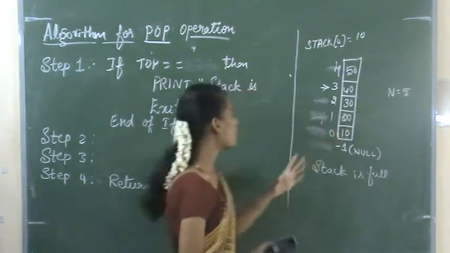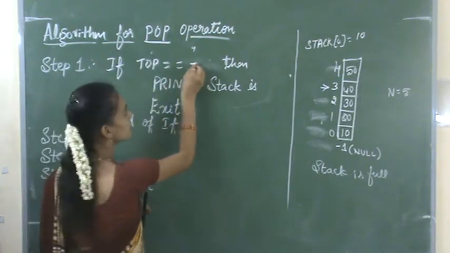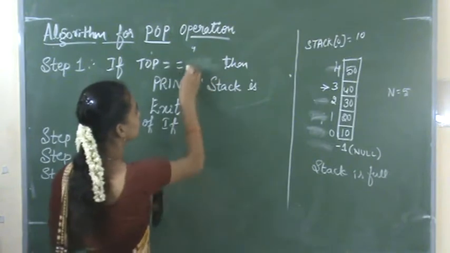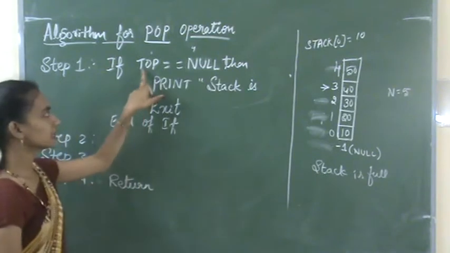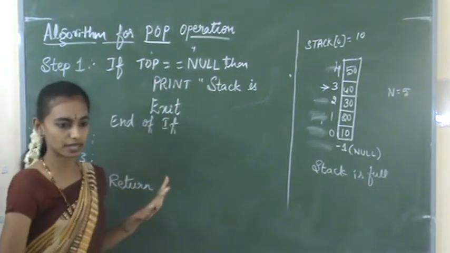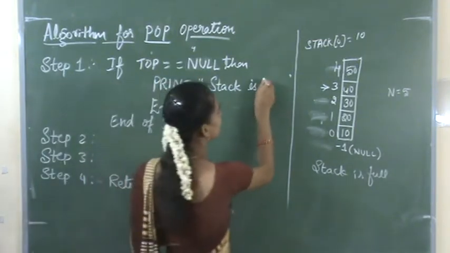No, right? So for that we check the condition whether top is equal to null or not. Top equal to null or minus 1, both are the same. If it is equal to null, it means the stack is empty.